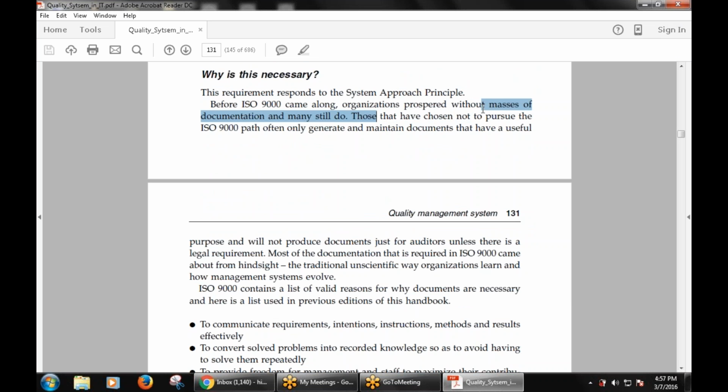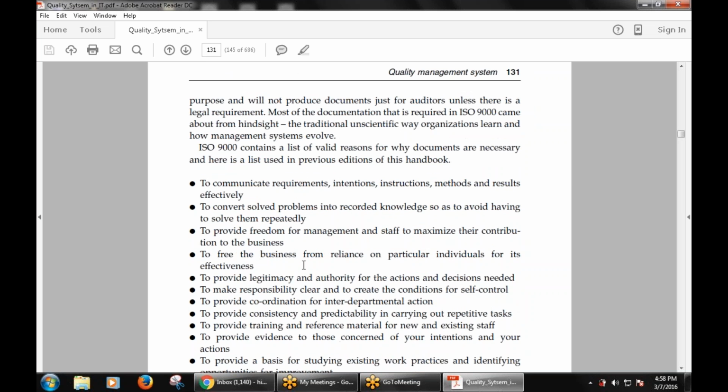And those that have chosen not to pursue the ISO 9000 path often only generate and maintain the documents that have a useful purpose, such as documents for the auditor or for legal requirements. ISO 9000 contains a list of very valid reasons why documents are necessary, and here is a list that was used in the previous edition of this handbook.